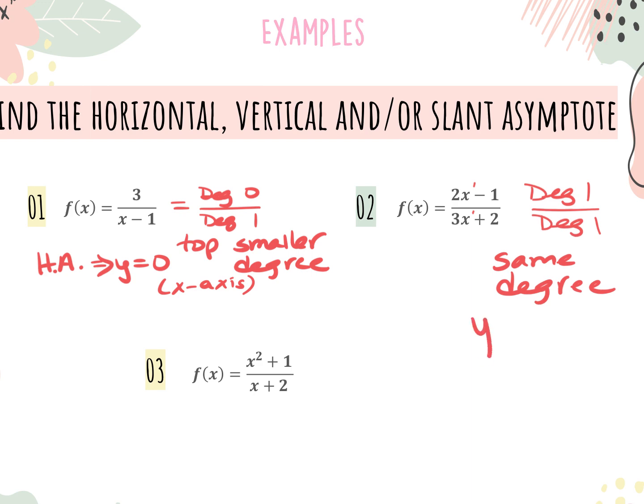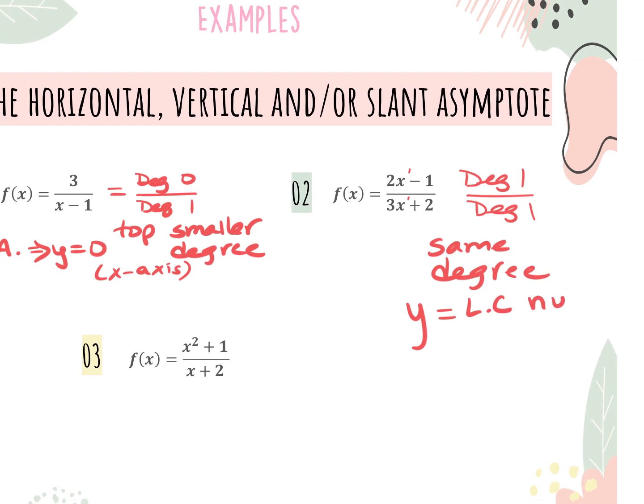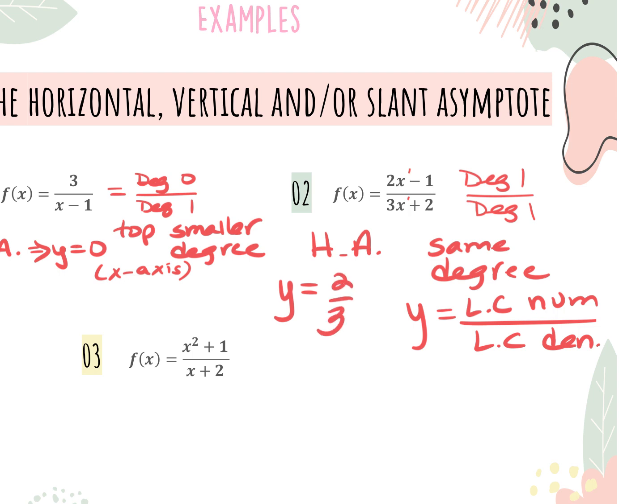So we're going to take the leading coefficient of the numerator and then the leading coefficient of the denominator. And that'll give us our equation. So my horizontal asymptote for number 2 is going to be y equals 2/3 because I'm using the leading coefficient. You need to make sure it's in order from the biggest exponent down to the constant first.